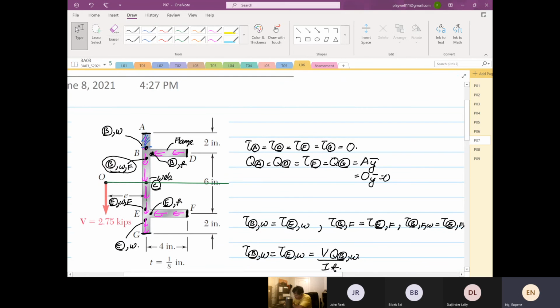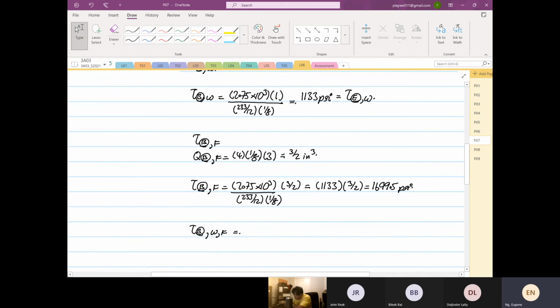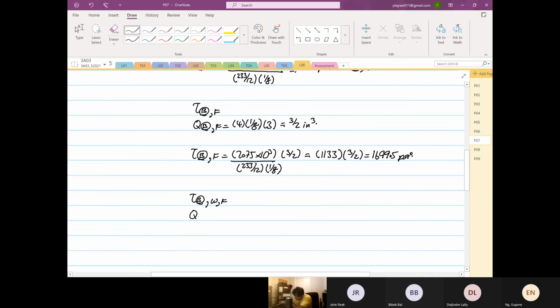So now this will be equal to Q at point B, width of web and flange, is equal to Q of point B of the flange plus Q of point B of the web. Okay, so this is equal to 1 plus 3/2. So 1 plus 3/2 is 5/2 inches cube.